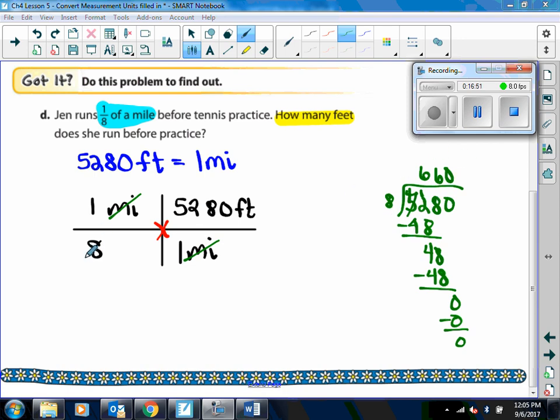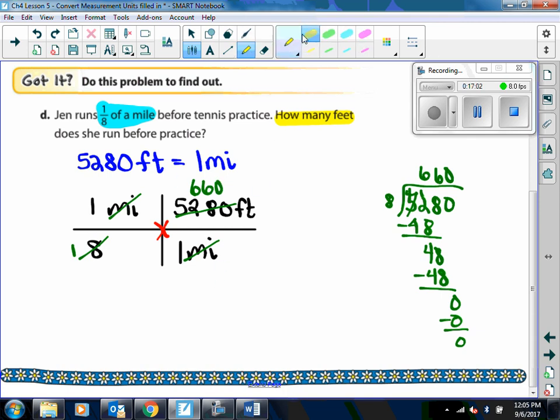So 8 divided by 8 is equal to 1, and 5,280 divided by 8 is 660. And of course, miles and miles canceled, so that tells us that feet is our final unit, which is what we're looking for. When we multiply straight across, 1 times 660, that's 660. And we make sure we write our units, feet, over 1 times 1, which is 1, and this, we don't have to write that.